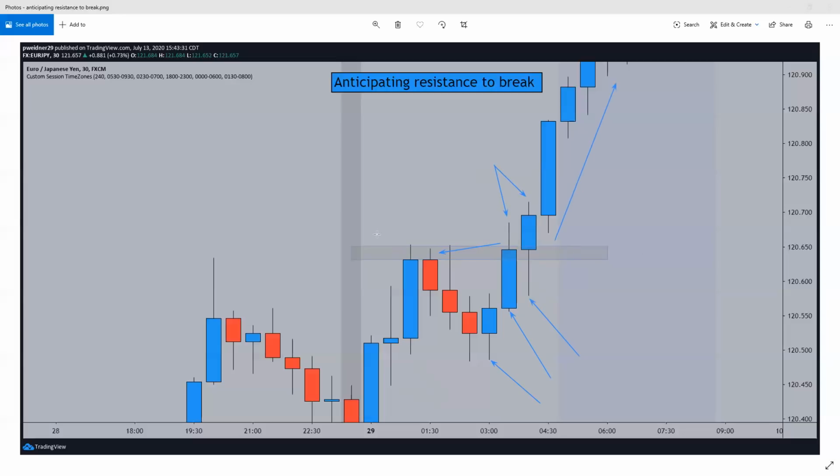So that's how you can tell that we pushed through, because when we came to it the first time, we saw how we reacted. We made lower lows and lower highs. Then we pushed up to it again, and we made higher highs and higher lows, meaning we break through resistance.